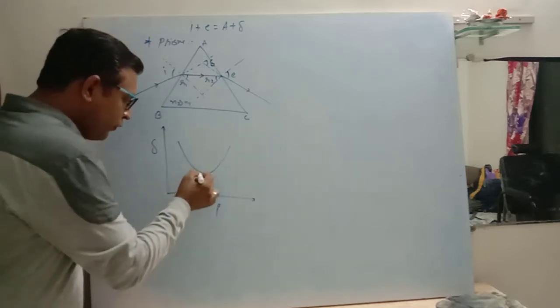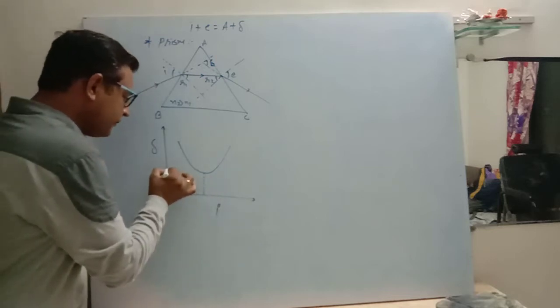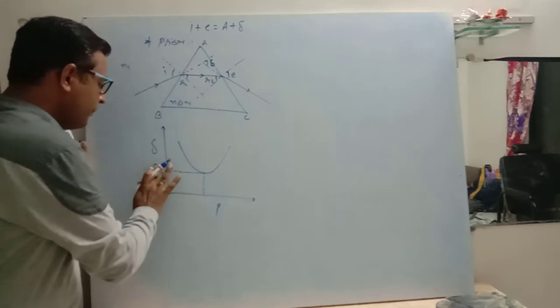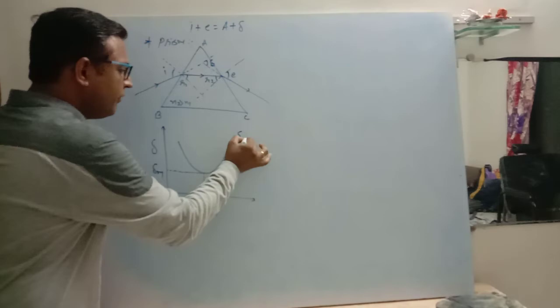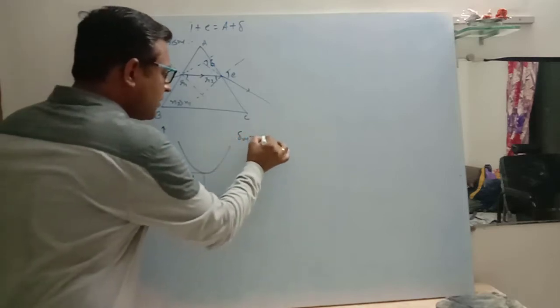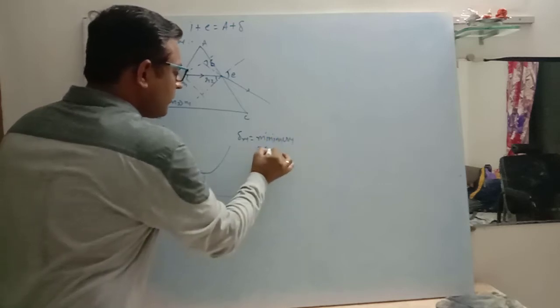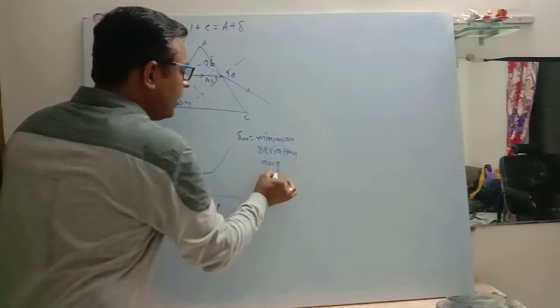That means for one particular value of angle of incidence, the deviation angle is minimum. That minimum deviation angle we denote as delta m. Delta m is called the minimum deviation angle.